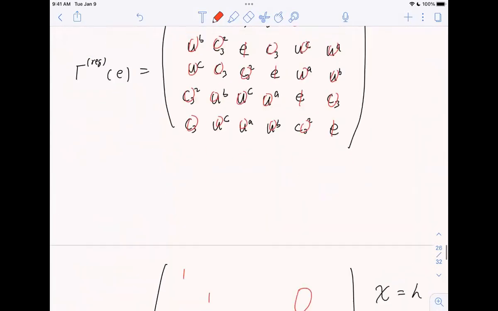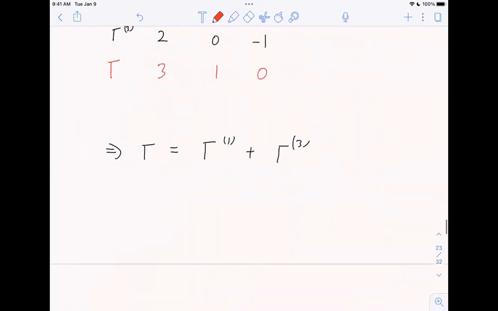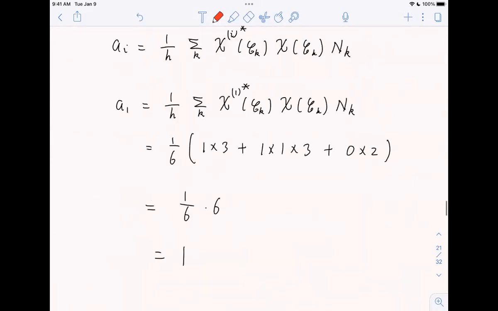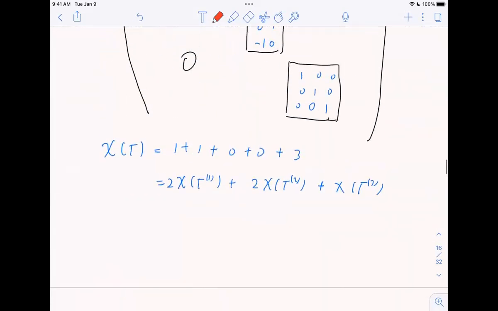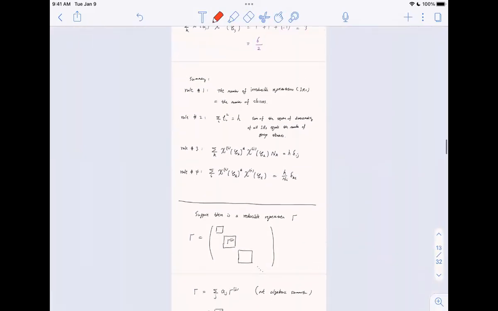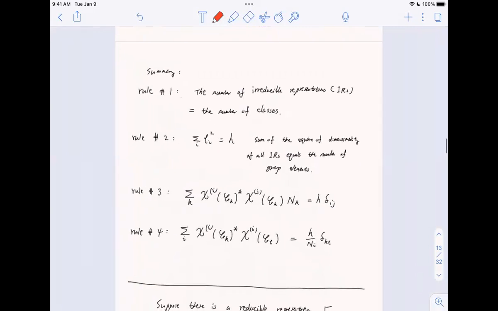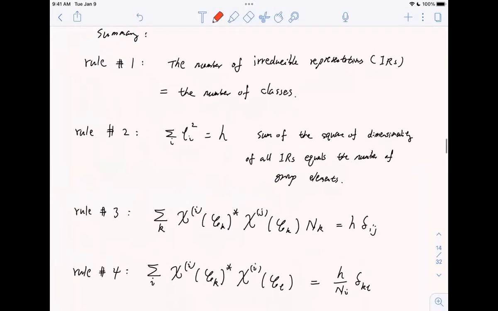So as a summary, we still go back to these 4 rules. Okay, so this is the summary of our lecture today. So if you don't remember the proof on all those things, then you just remember these most important 4 rules.